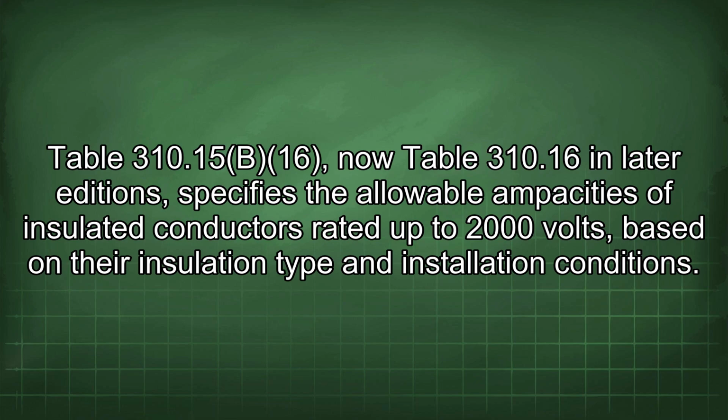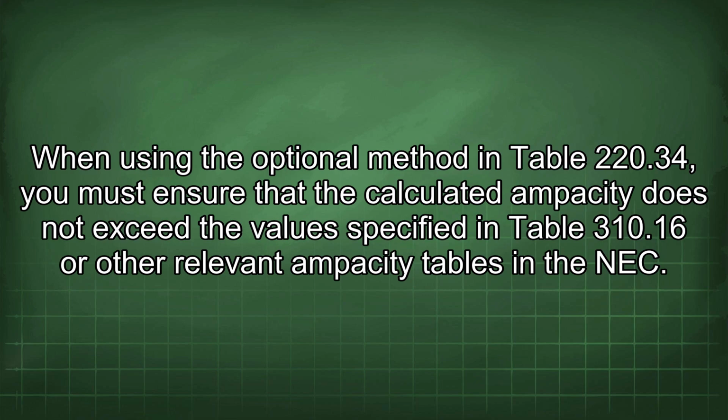Table 310.15(B)(16), now Table 310.16 in later editions, specifies the allowable ampacities of insulated conductors rated up to 2000 volts, based on their insulation type and installation conditions. When using the optional method in Table 220.34, you must ensure that the calculated ampacity does not exceed the values specified in Table 310.16 or other relevant ampacity tables in the NEC.